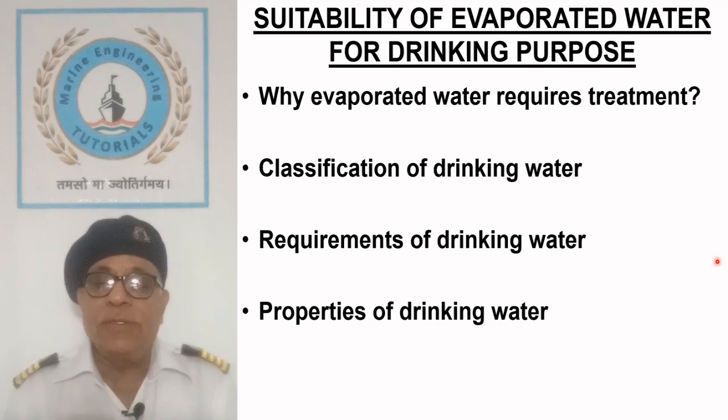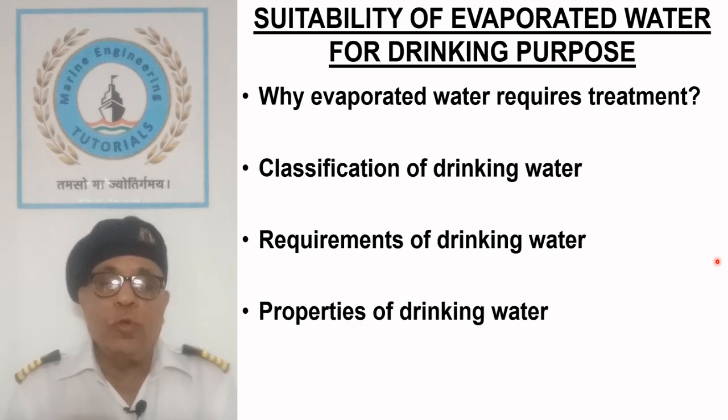Among the essentials, odor should not be objectionable, taste should be agreeable, turbidity below 1 NTU, pH between 6.5 to 8.5, total hardness 200 mg per liter maximum, chlorides 250 mg per liter maximum, iron 0.3 mg per liter maximum, and absence of fecal coliform.